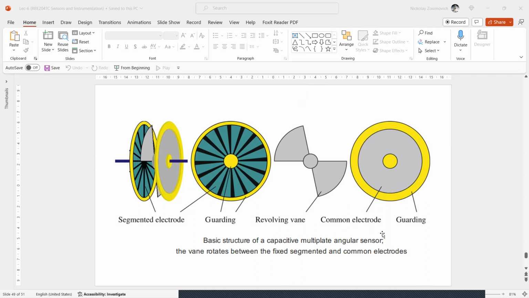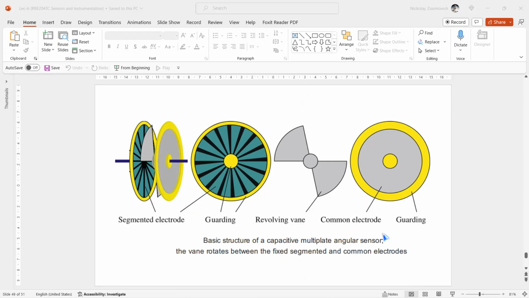An example with segmented electrodes is given in this slide, a modified version having a completely isolated rotor. The main advantage of this design is that no electrical connections to the rotating part are needed, and the challenge of the designer is to obtain the highest possible resolution over a fixed range of 2 pi radians.